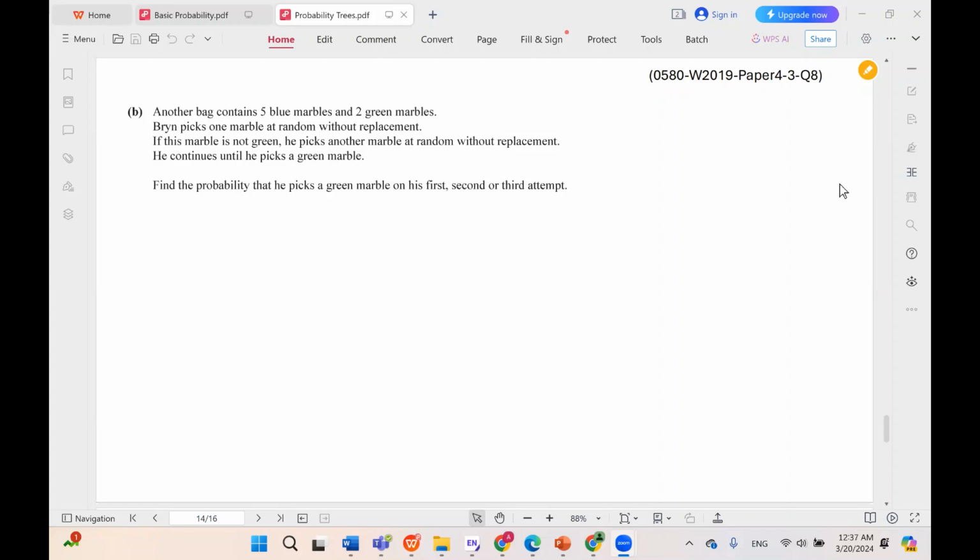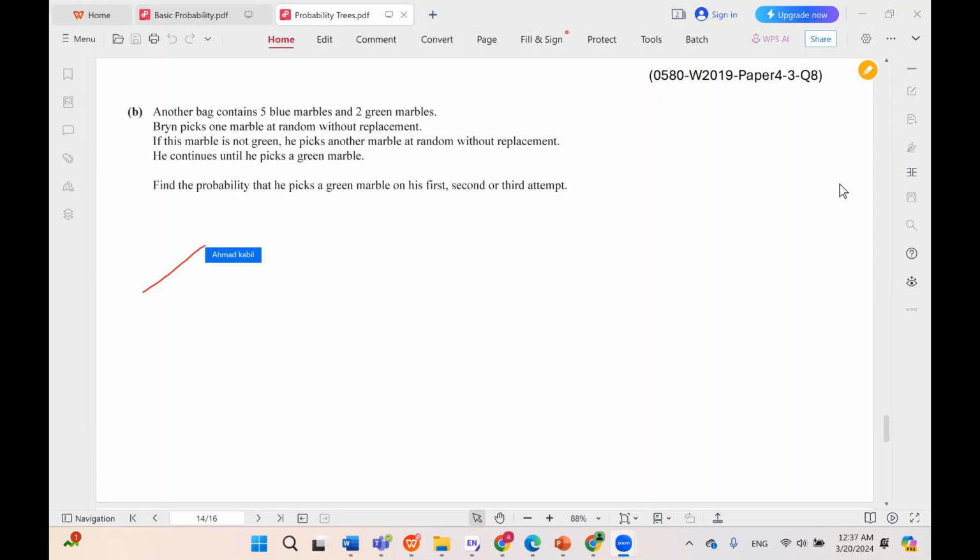In this final question, we're told another bag contains 5 blue marbles, 2 green marbles. Brian picks 1 marble at random without replacement. If this marble is not green, he picks another marble at random without replacement. He continues until he picks a green marble. Find the probability that he picks a green marble on his first, second, or third attempt. So this is quite similar to the driving test question.